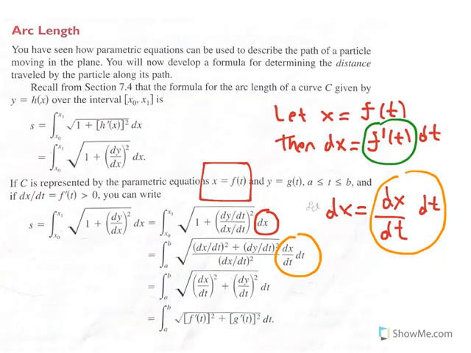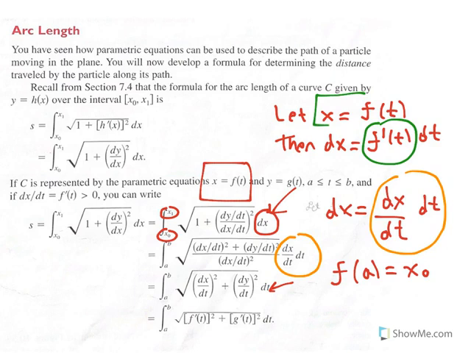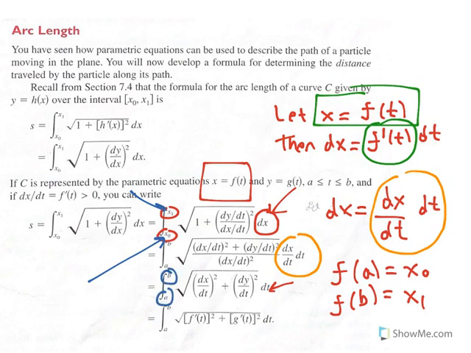So when we change variables from integration with respect to x to integration with respect to t, our limits of integration will change as noted. So we will have f of a equal to x naught, because our substitution is x equals f of t, and f of b equal to x sub 1. So for the parameter t, the corresponding values of t for x naught and x sub 1 are a and b.